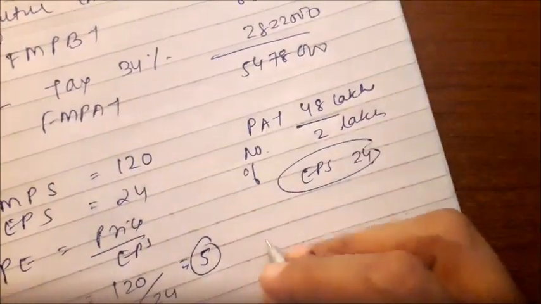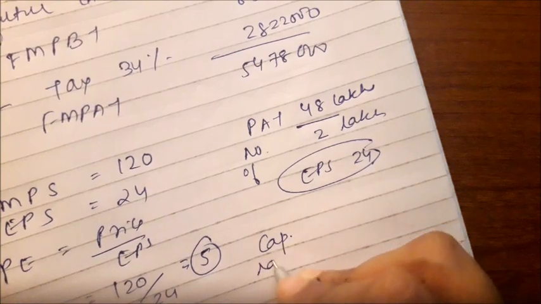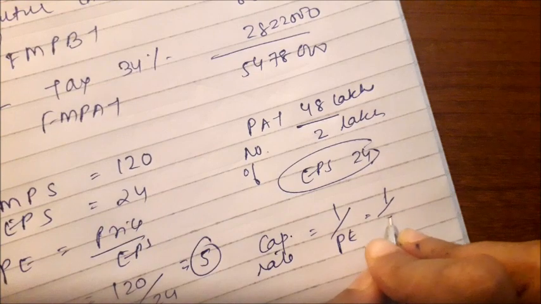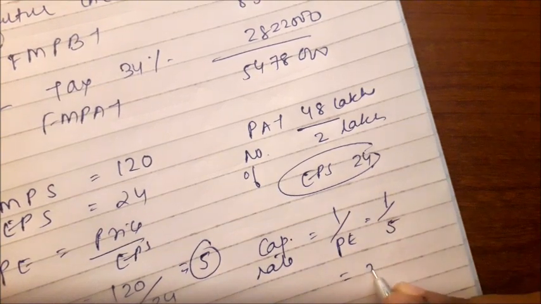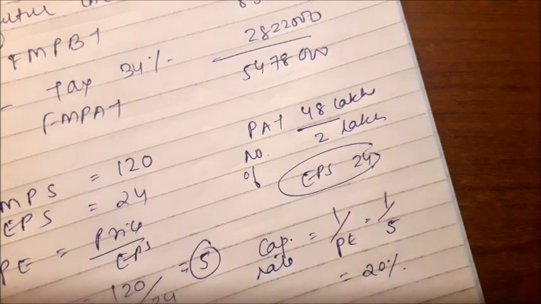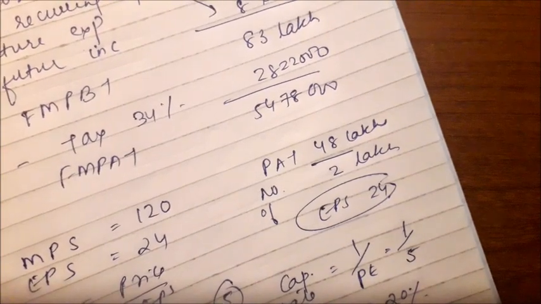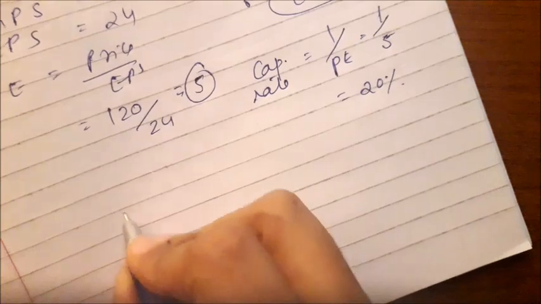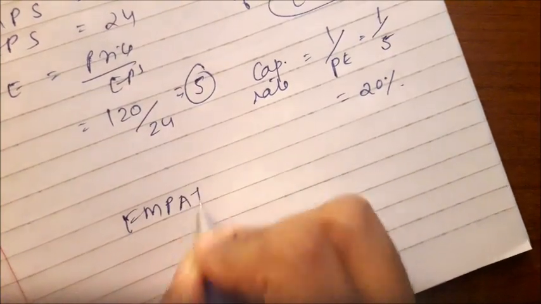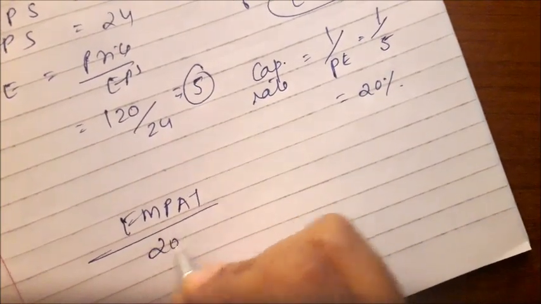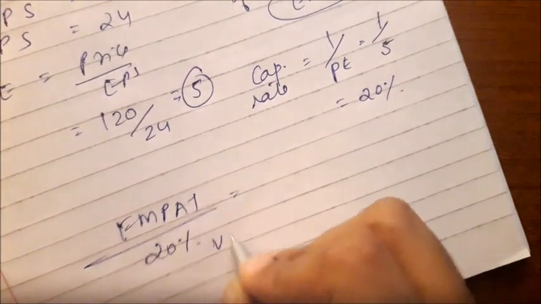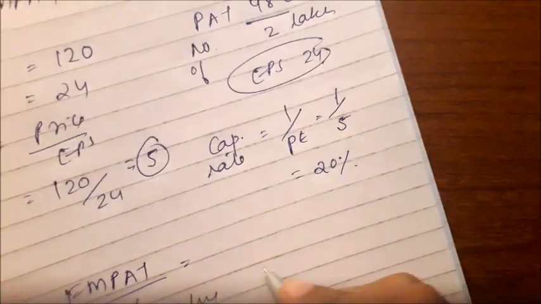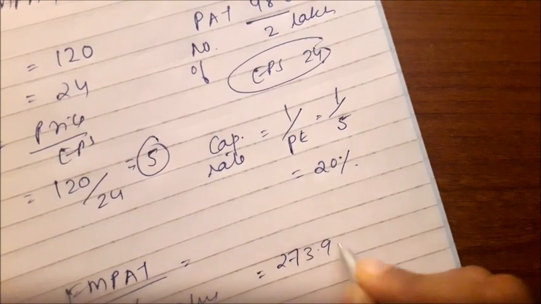The capitalization rate can be found through the formula 1 upon PE, that is 1 upon 5, which is going to give you 20%. So we have got the capitalization rate, and we have the future maintainable profit after tax. Dividing future maintainable profit after tax by the capitalization rate of 20%, we'll get the value of business. So the answer is 273.90 lakhs.